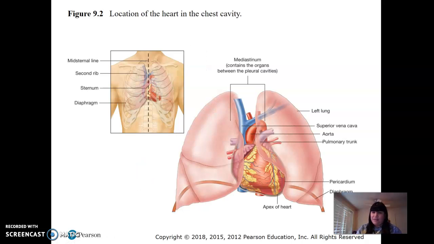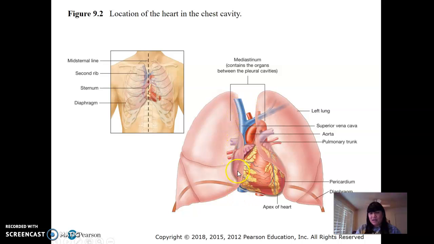So here's some anatomy. This is more anatomically correct, right? So if you're looking at the body, the diaphragm would be right here. So here's the heart and here are the lungs. So the heart and lungs, really close proximity. And again, this is anatomically correct. So here are the superior vena cava from the top, and down here is the inferior vena cava.